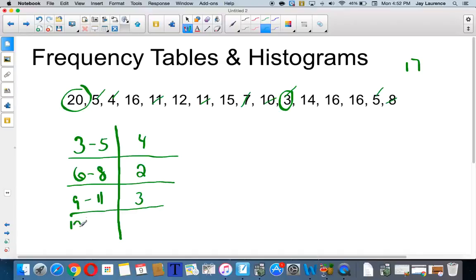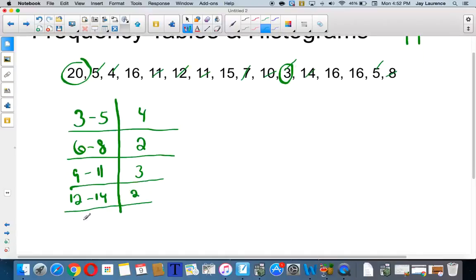Okay, 12 to 14. So let's see, 1, 2. Okay, 15 to 17 will give me 1, 2, 3, 4. And then finally 18 to 20 is going to get me 1.